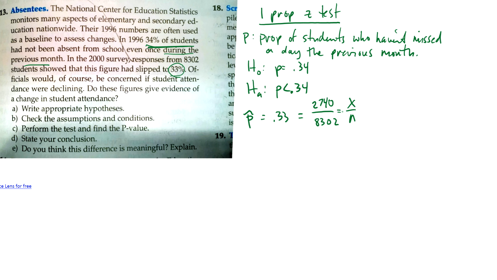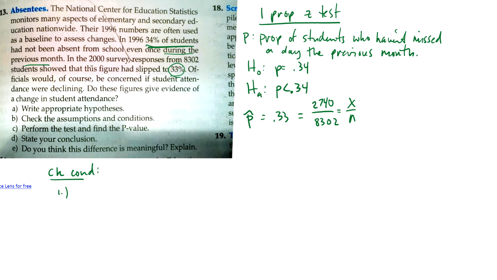Well, in order for me to run the test, you're kind of getting the picture here, I have to check my conditions. So we'll check them over here. One, is my sample random or representative? In a 2000 survey, responses from 8302 students showed this figure had slipped to 33%.